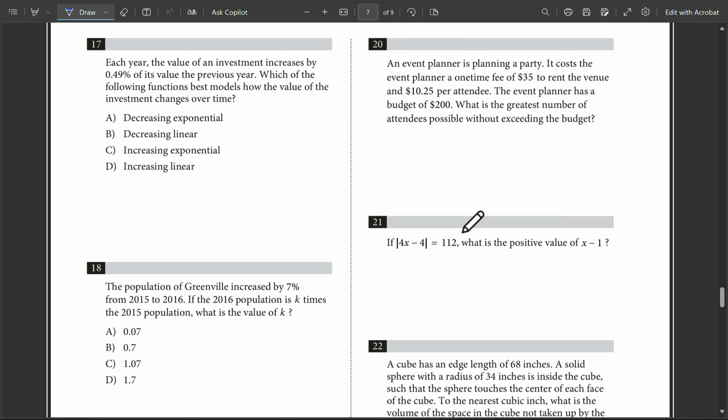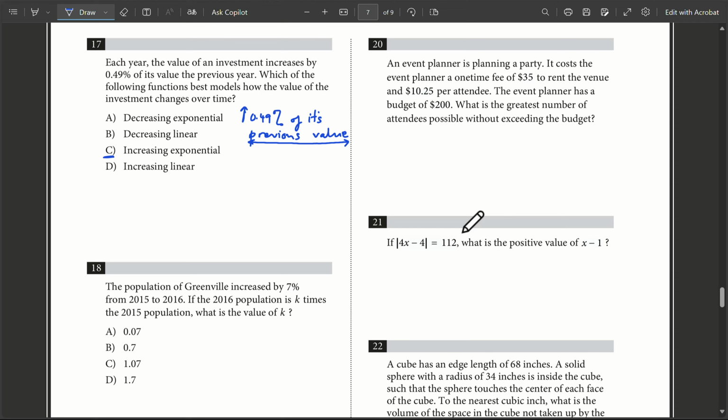Okay, so since there's an increase of 0.49% of its previous value, that means it is increasing exponentially, right? C is the answer. It's increasing exponentially because this previous value keeps on changing. It's not a constant and it does not remain a constant, okay? So the answer is C.